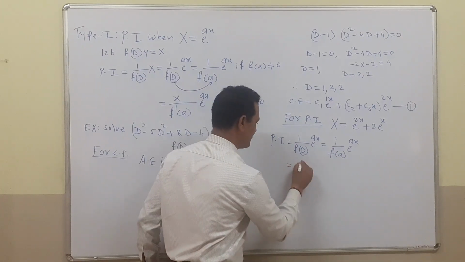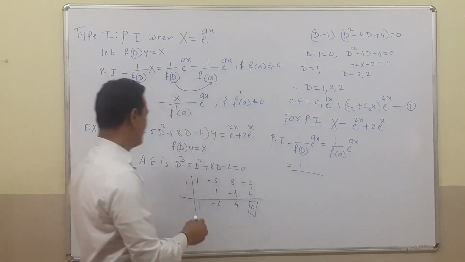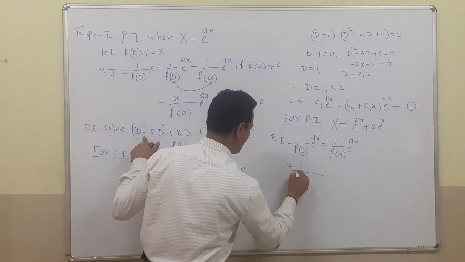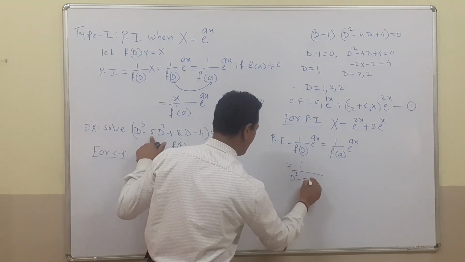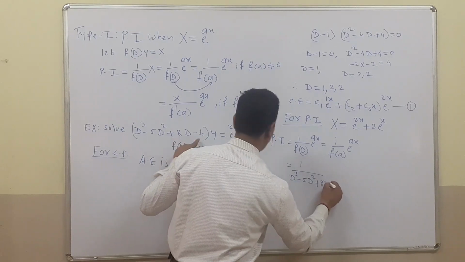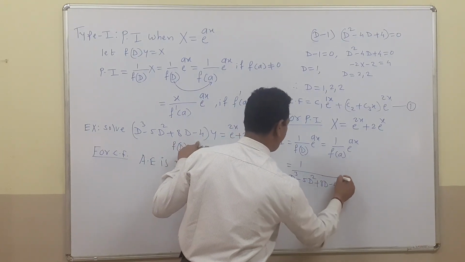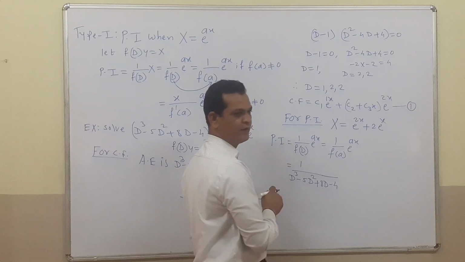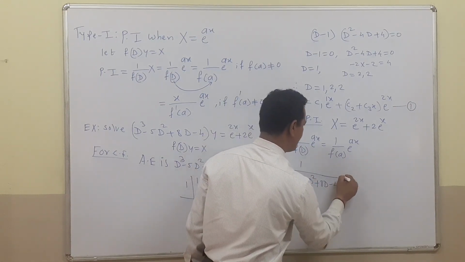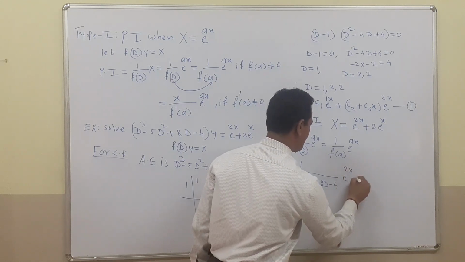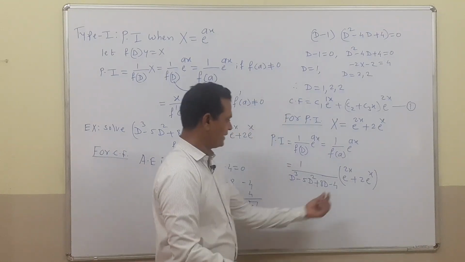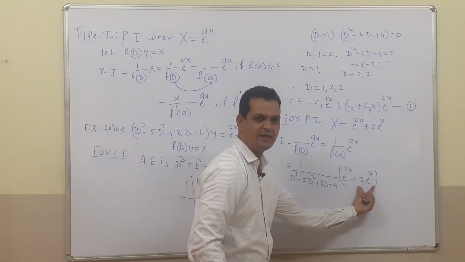Now putting the values in this equation, we get 1 upon f of d, where f of d is d cube minus 5d square plus 8d minus 4, into capital X, which is e raised to 2x plus 2 times e raised to x. This is the first term and this is the second term.